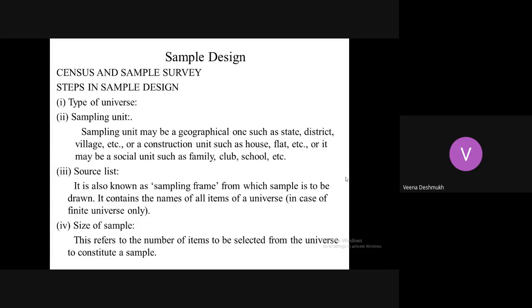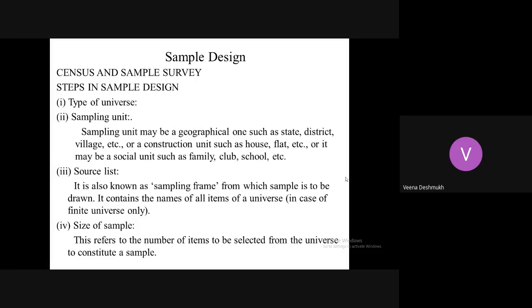So what are the steps involved in this sample design? If the samples are taken very randomly, where we don't get relevant results, or the samples are not of any relevance to our research problem or the definition, then whatever survey, whatever samples we have collected are of no use.